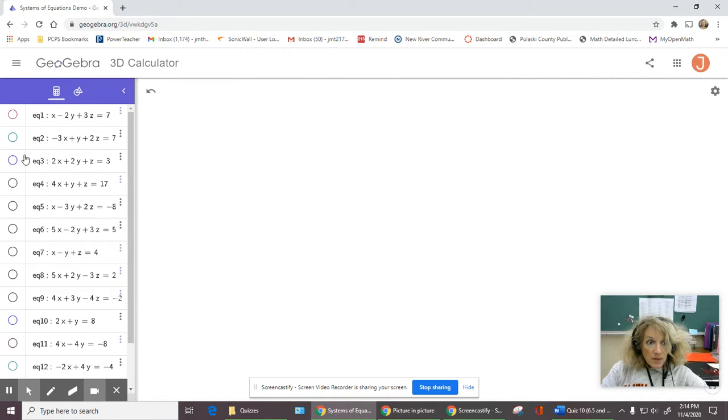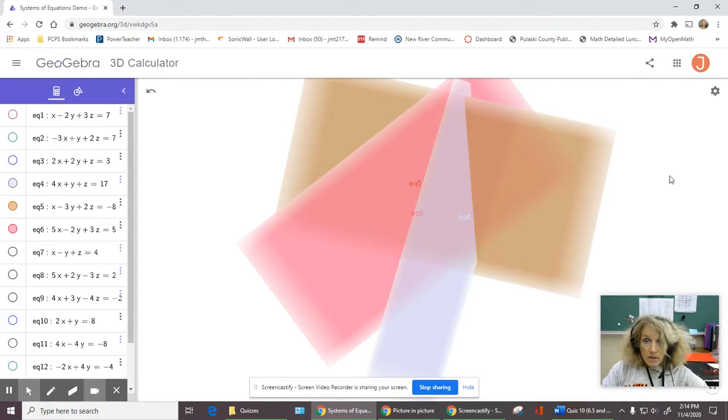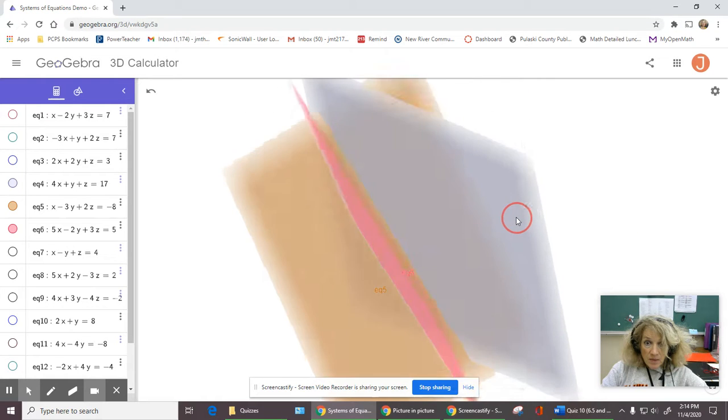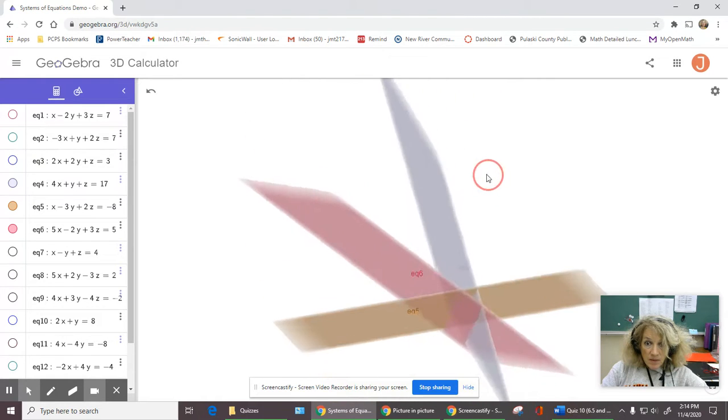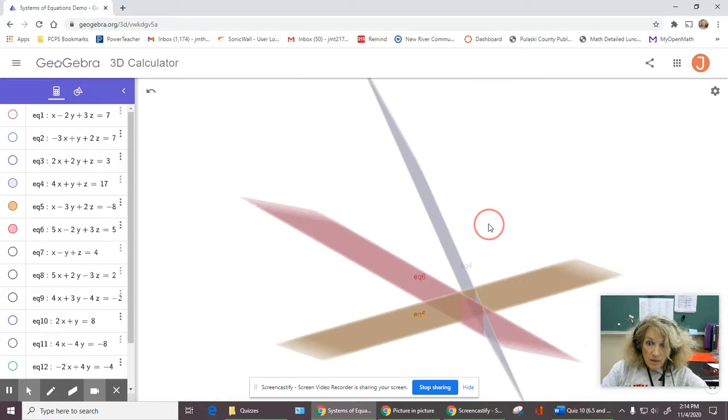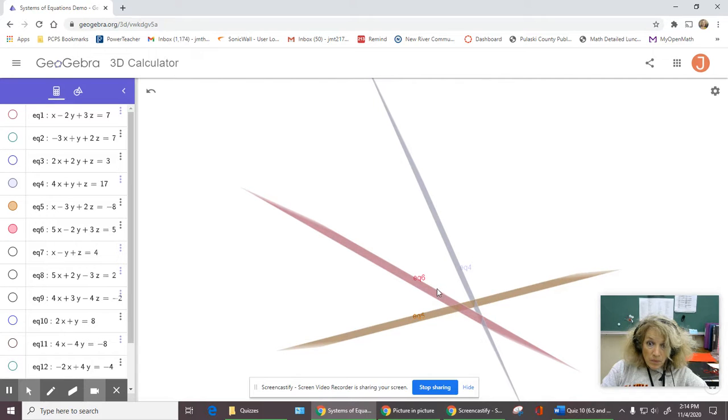Okay, so then we could take a look at 3 more planes here. All right, and these planes, if we rotate it, we can see that they intersect, purple and brown intersect in a line, and then also reddish and brown intersect in a line, and then gray and reddish intersect in a line.